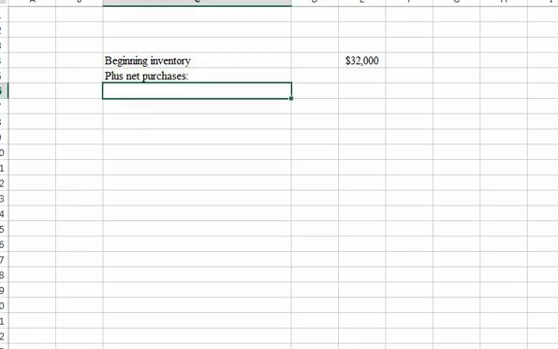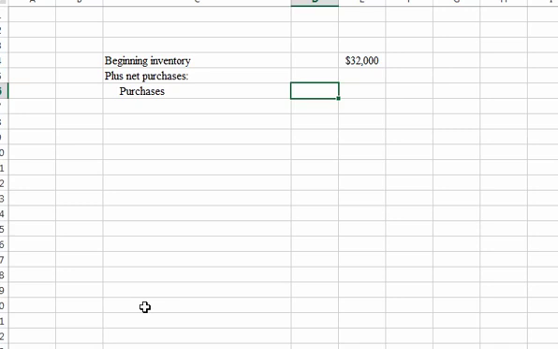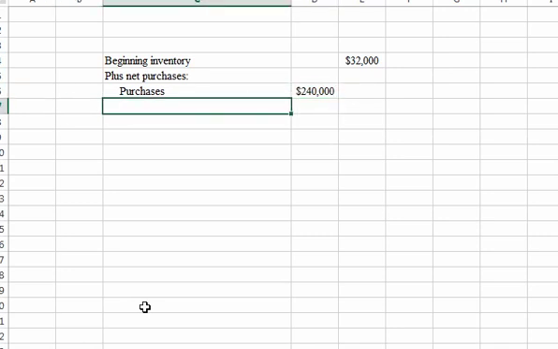Then we're going to add net purchases. Now, net purchases has several components. We'll start with purchases, and those are given as $240,000. We're going to deduct purchase discounts and purchase returns.